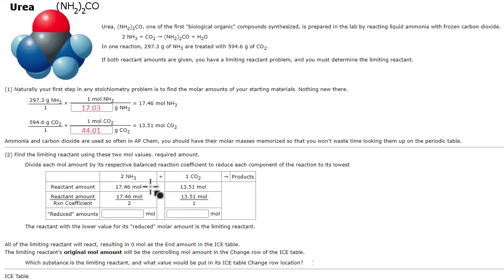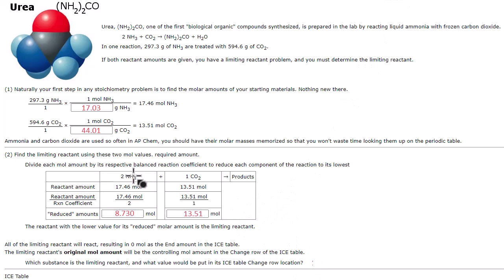You take the moles and divide by the coefficient. Take the moles and divide by the coefficient, and here we go. We got 17.86 produces 8.730 moles. I put this 0 here to show significant figures. And that is my reduced amount. Well, this is going to be an easy division, but again, I had to show it, and it's 13.51.